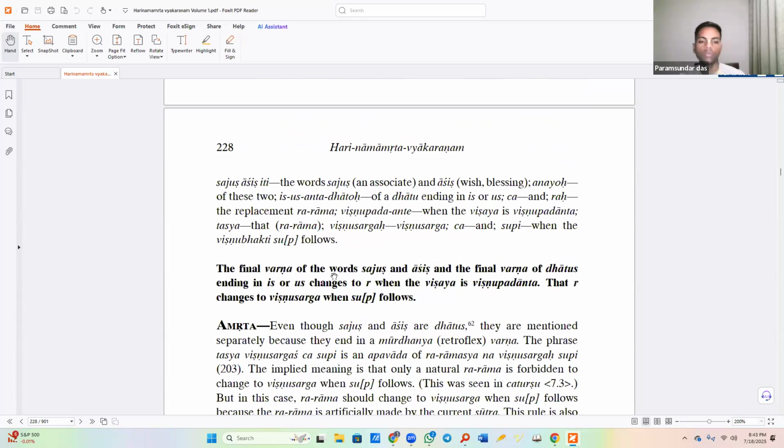The final varna of the words Sajush and Ashish, Ashish means blessing, and the final varna of dhatus ending in is or us changes to ra, when the Vishaya is Vishnu Padanta. That ra changes to Vishnu Sarga when Sup follows.